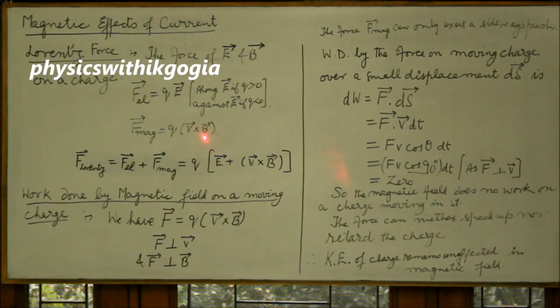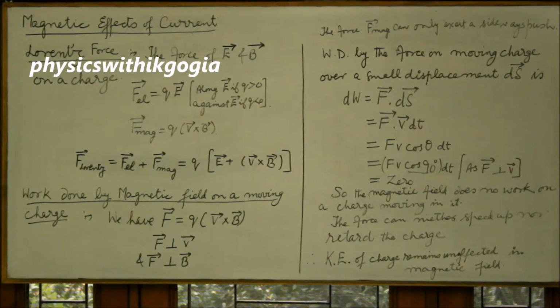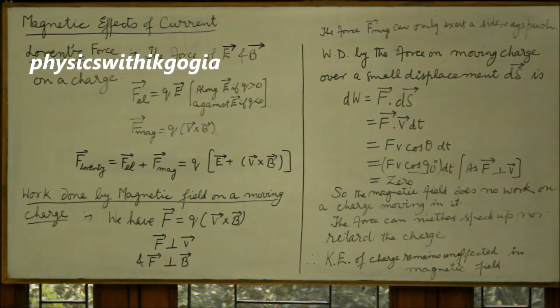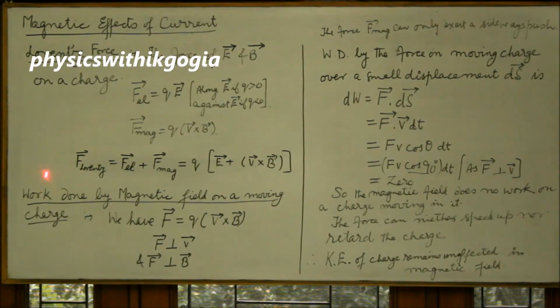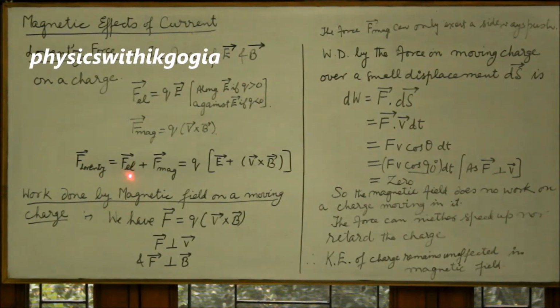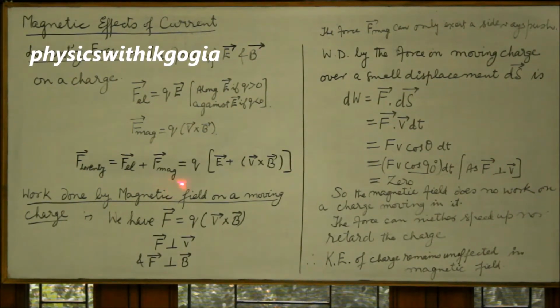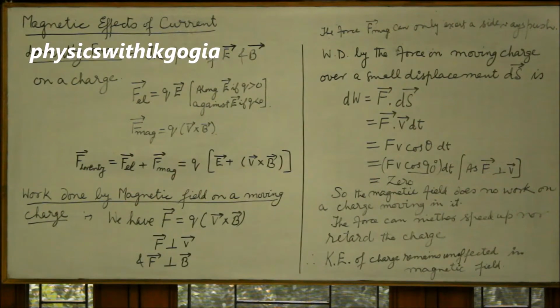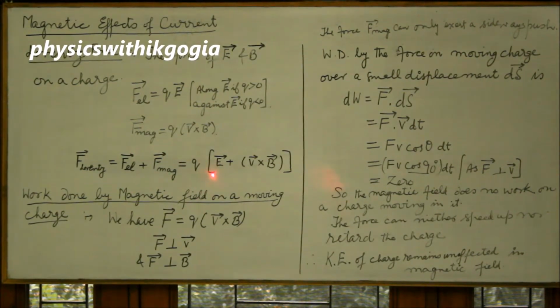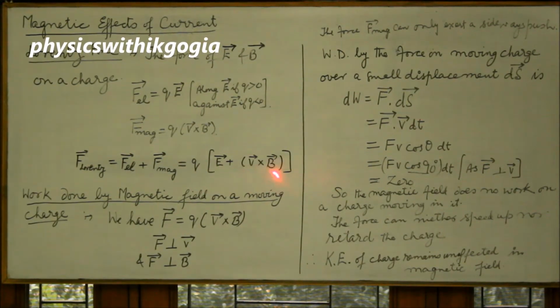The stationary charge does not experience any force in the magnetic field. The net Lorentz force is given by F electric plus F magnetic, the vector sum of the two, that is Q into E plus V cross B.